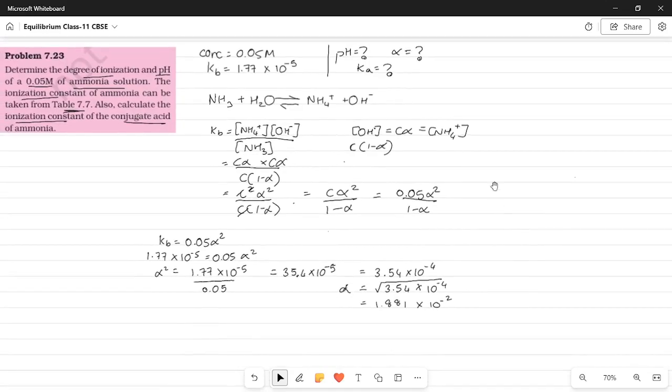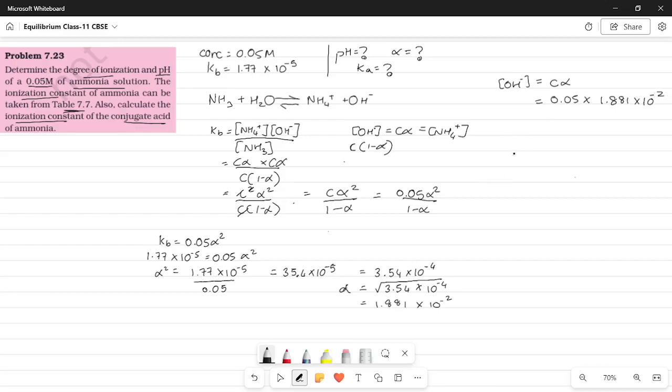So the next thing we need to do is figure out the value of the concentration of pH, right? We can do it one of two ways. The first way is just using the concentration of OH minus, which is equal to C into alpha. So C is 0.05 into alpha, which was calculated to be 1.881 into 10 to the power minus 2.